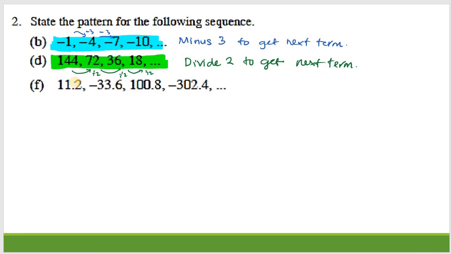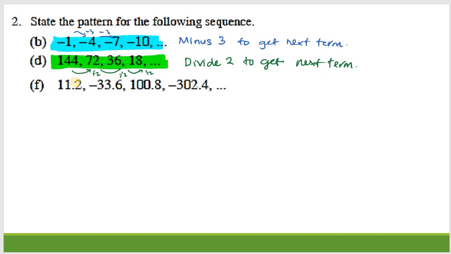And then you see, if we ignore the positive and negative signs and just look at the digits only, the numbers are obviously increased. So that means this is multiply something, not divide.